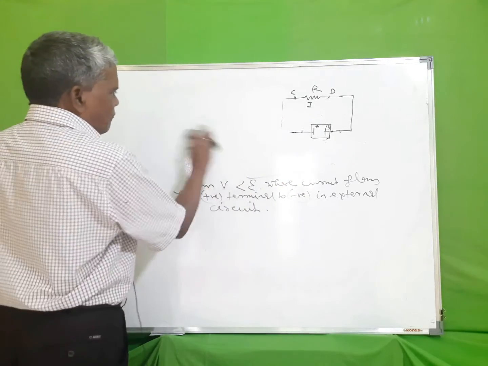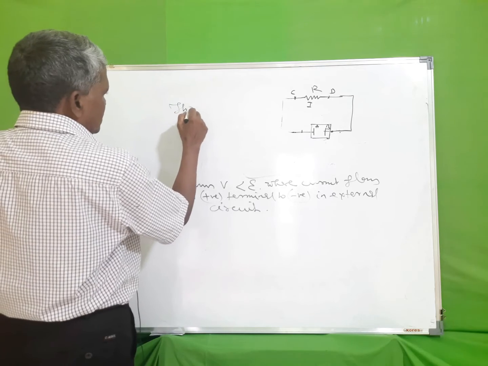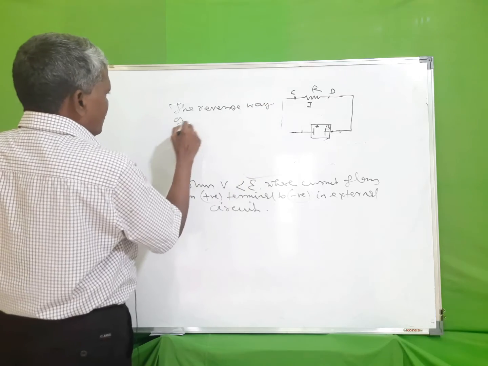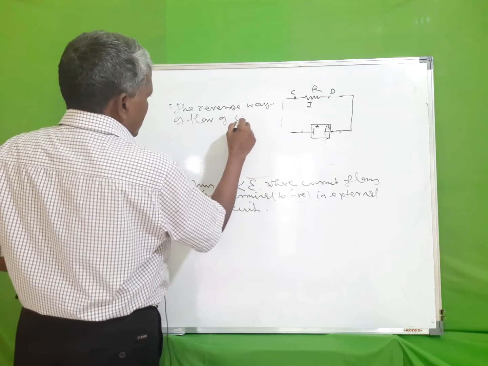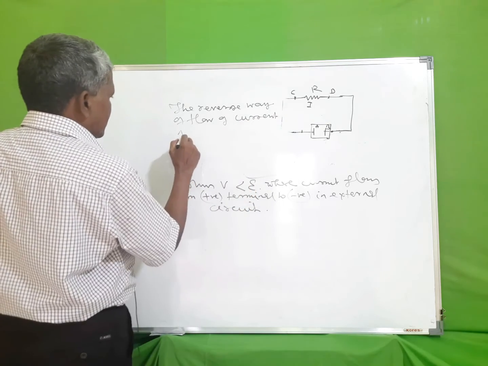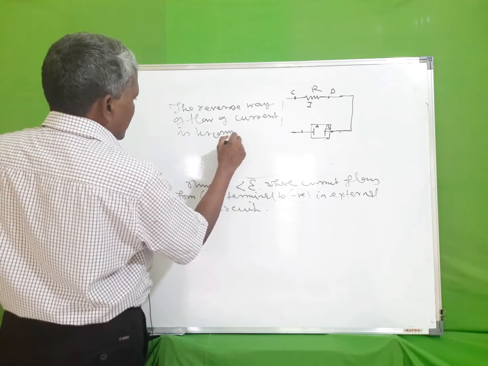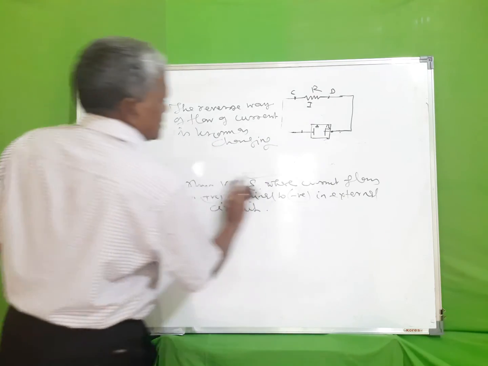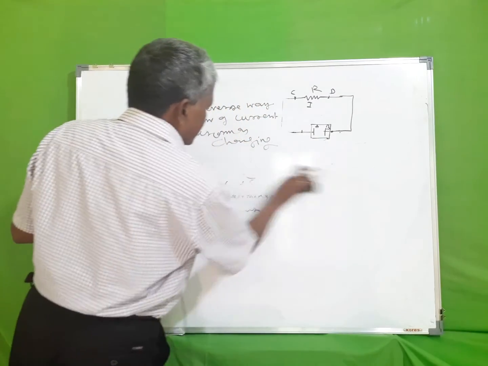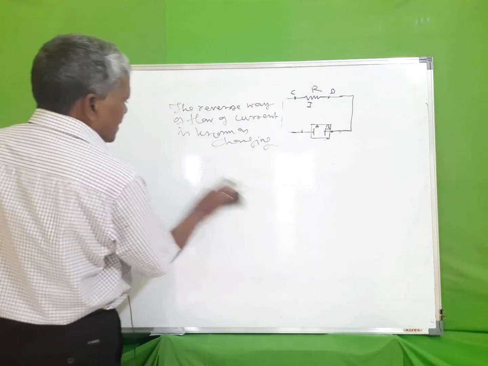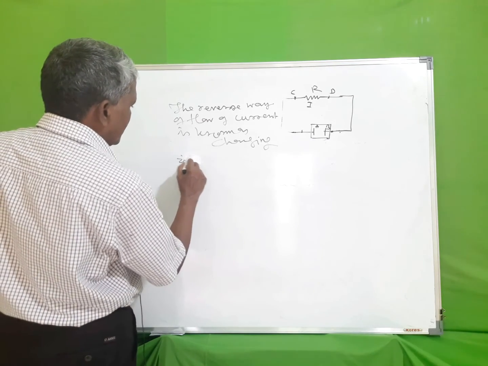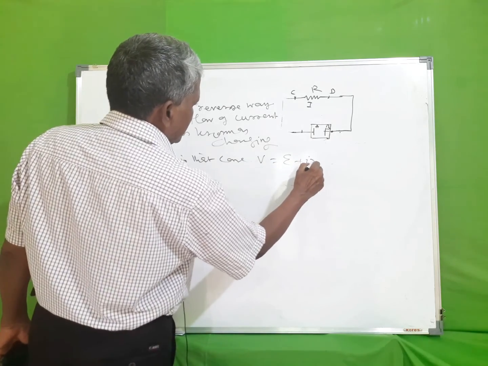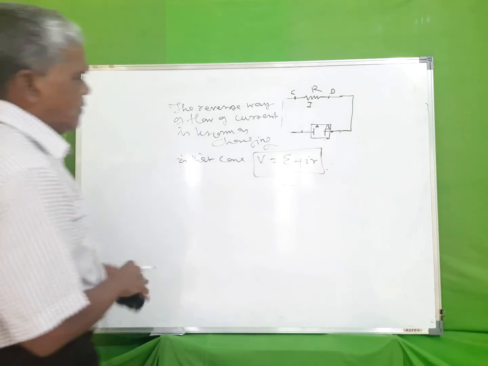The reverse way of flow of current is known as charging. In that case, V is equal to E plus Ir.